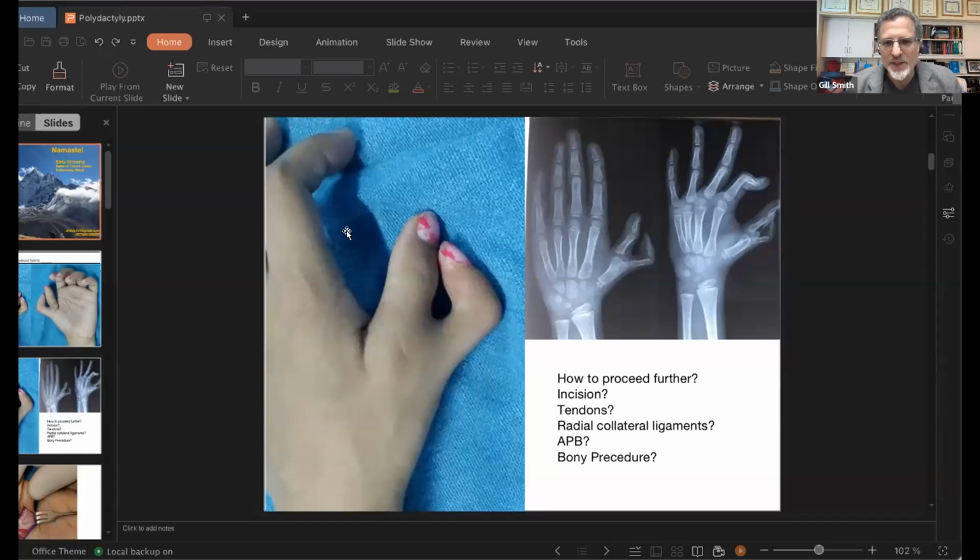So incision wise, the more ulnar sided thumb looks relatively straight. So I think what you're looking at is resecting that thumb, and you may have a collateral ligament just based on the x-ray, but I would probably keep a sleeve from the radial sided thumb just in case I can't find a collateral on that ulnar sided thumb.